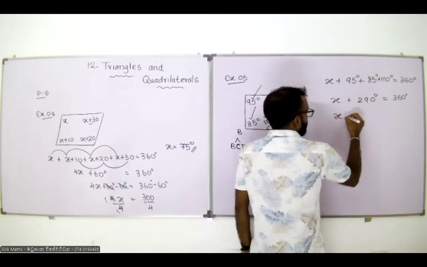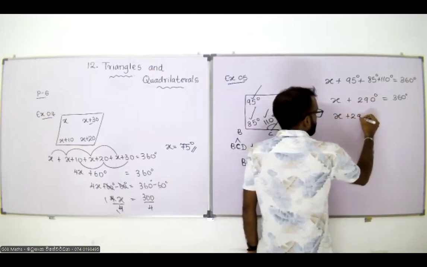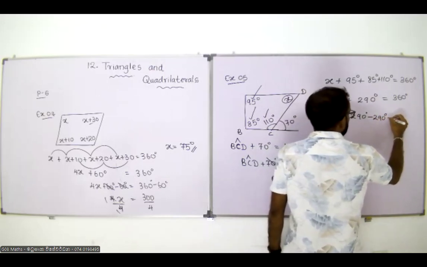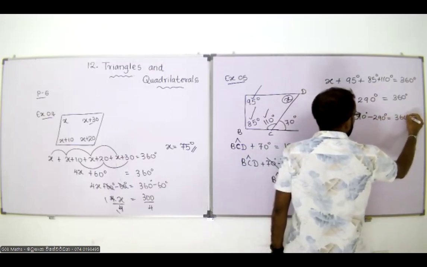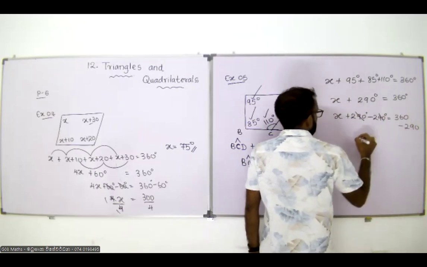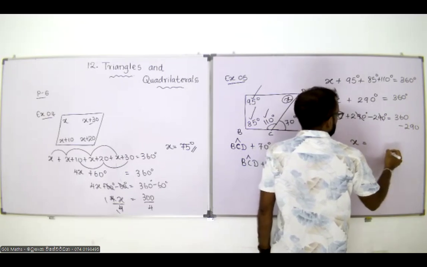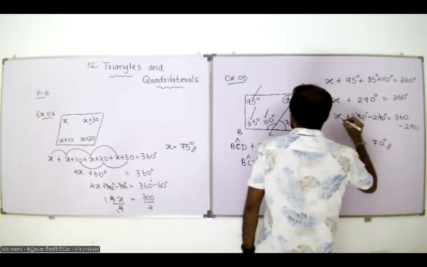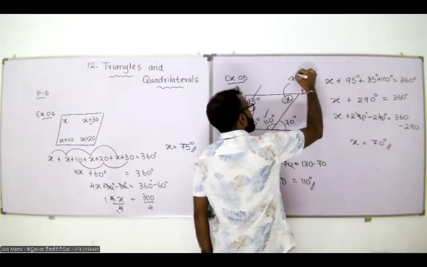So now you know what to do. Subtract 290 from both sides, and they cancel out. It will be equal to 360 minus 290, 70 degrees. So x is equal to 70 degrees.